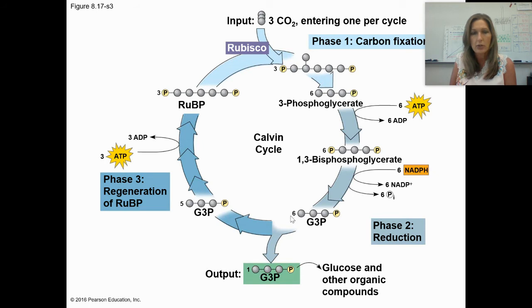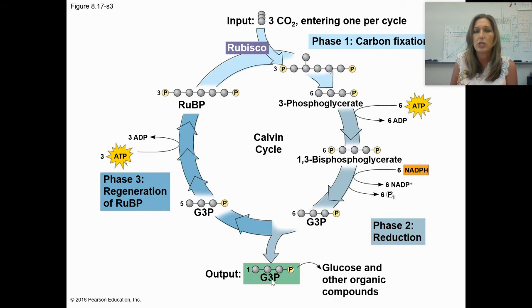What I need you to recognize is that in any Calvin cycle, carbon in has to equal carbon out. Each carbon dioxide brings a single carbon. Typically, the first organic molecule that is produced is a molecule called G3P, glyceraldehyde 3-phosphate.